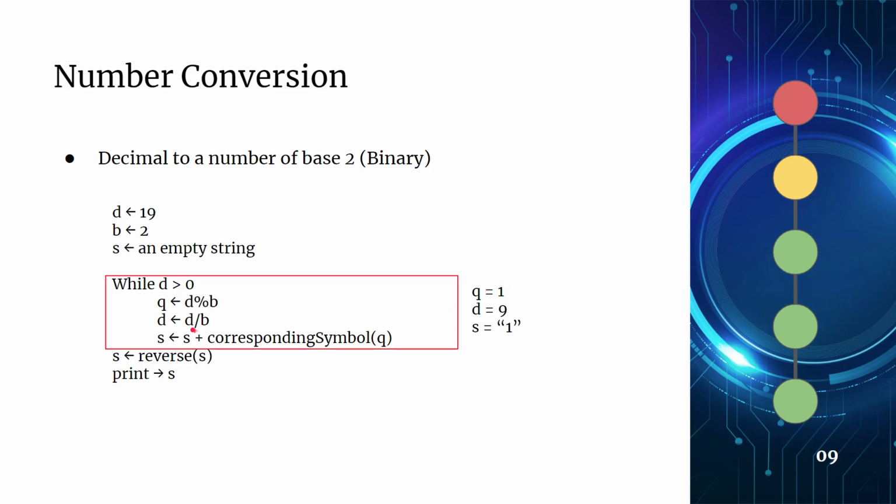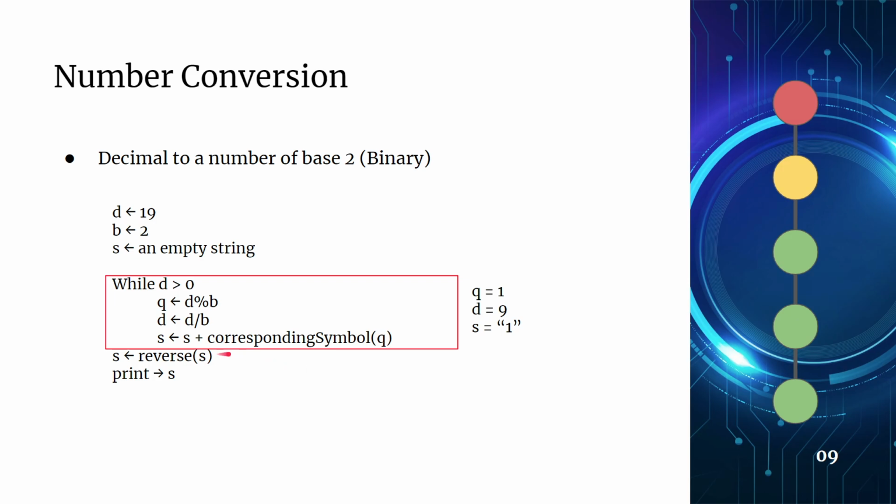Then we have an integer division of d by b. So if we divide 19 by 2 in integer division, we get 9. So d will store 9 over here, and then in s I have written s plus the corresponding symbol of q.